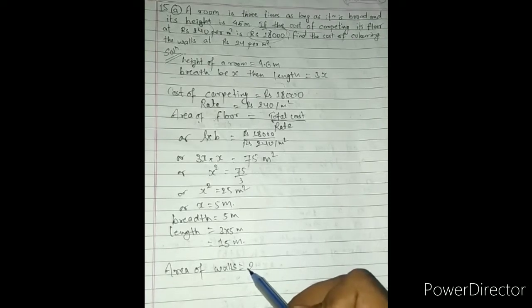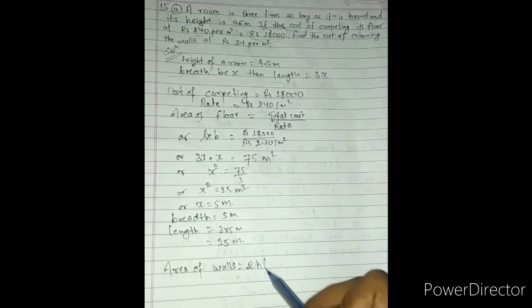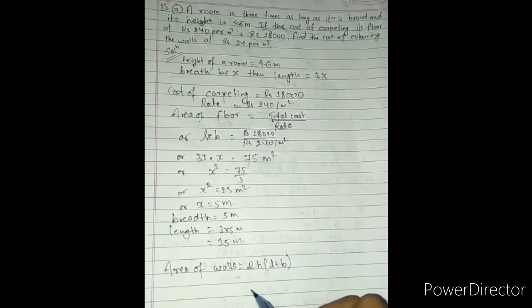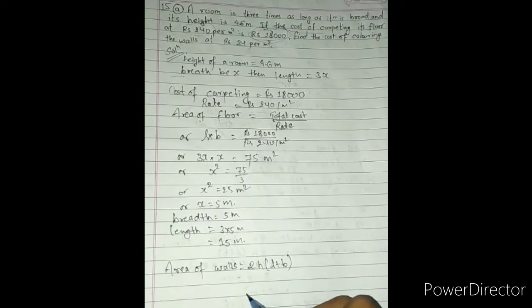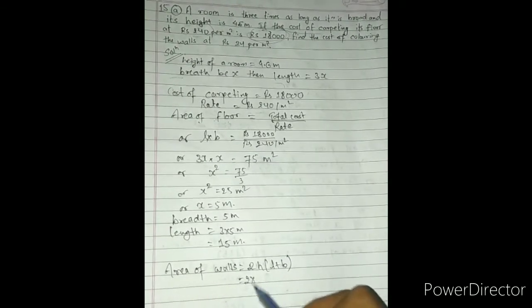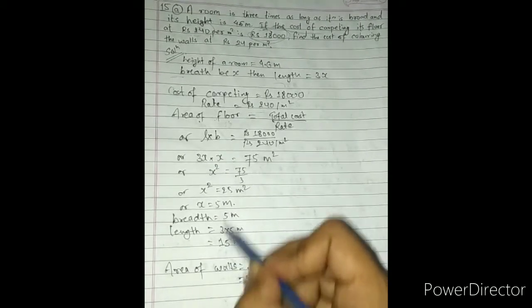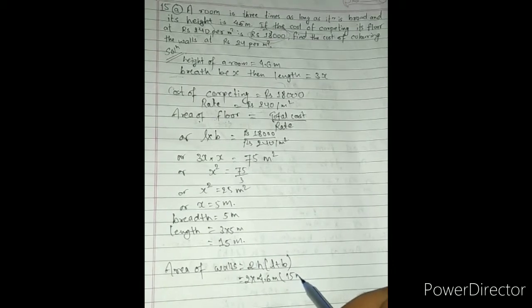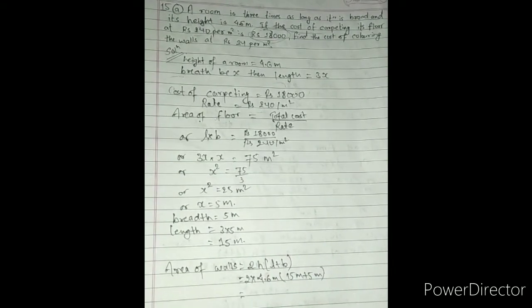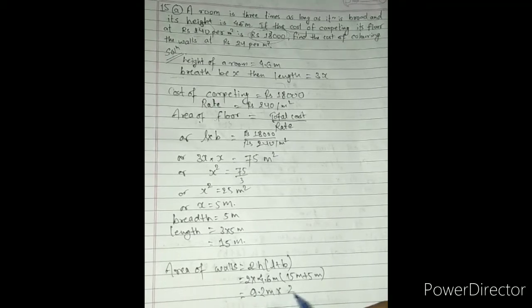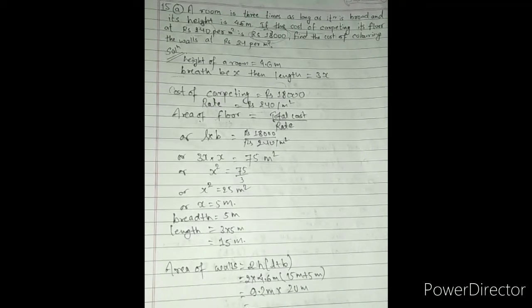Length and breadth are given, so for a rectangular room it is 2H(L plus B). 2 into height 4.6, length and breadth 15 and 5. 2 into 4.6 is 9.2, 9.2 meter into 20 meter. Now multiply this, it is 184.